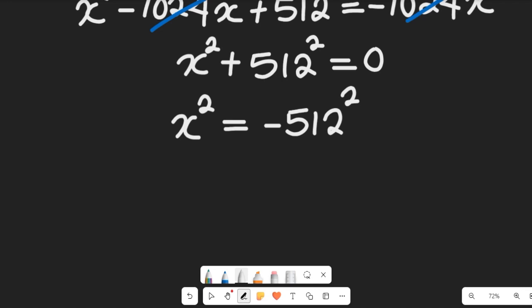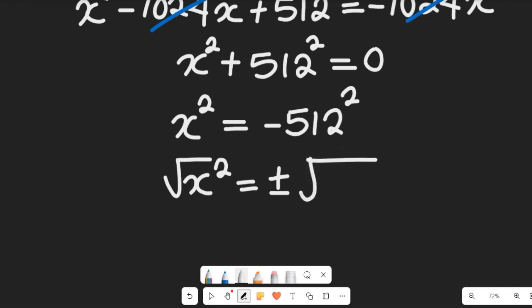Now, if we take the square root of both sides, this is going to give us the square root of x squared equal to plus or minus the square root of negative 512, all squared.